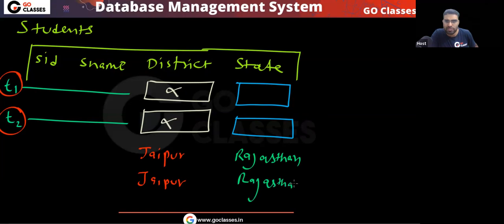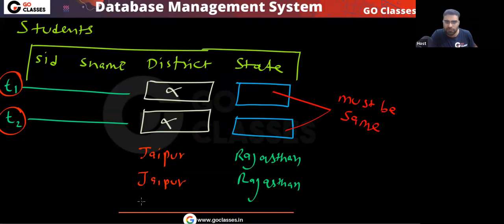So if you repeat the district name in two tuples, then the state name should be same. Do you agree with me? This is called functional dependency. If I tell you the name of the district, then automatically you can tell me the name of the state. This is called functional dependency.